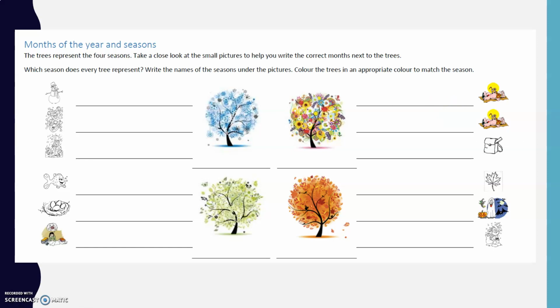So I hope you took some time to do the exercise and that it worked out well, or as good as possible. Let's now have a look at the correct answers. Months of the year. The first month is January, and as I said, important is spelling, so you use a capital letter for all months. Then we have the second month, Carnival, February.